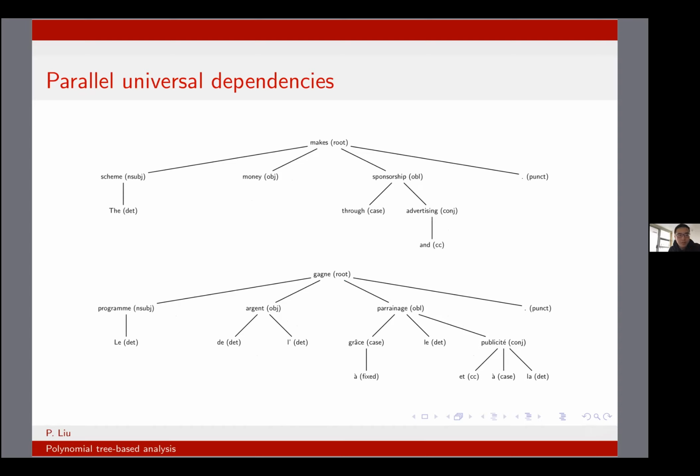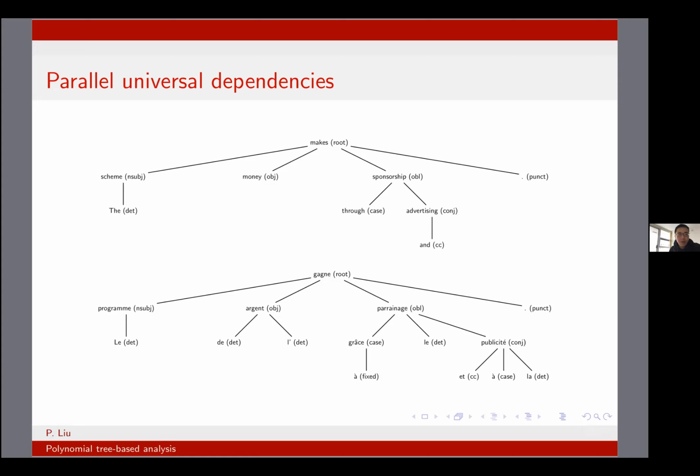So in this case, verbs are basically the root. Say we have this sentence: the scheme makes money through sponsorship and advertising. And parallel universal means that we translate this sentence into other languages. Say we have French down there, but I don't know how to read it.